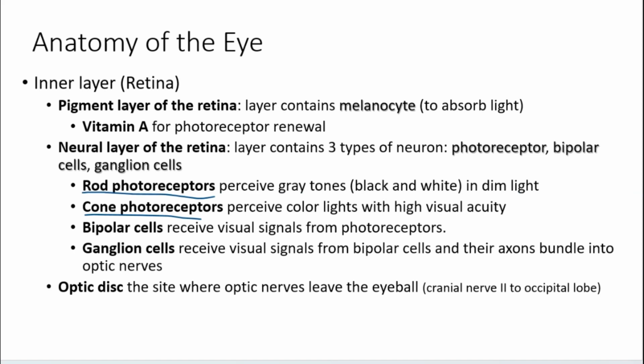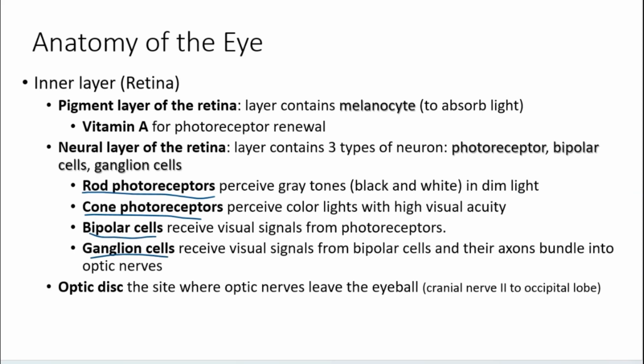The thing about visual processing is that the photoreceptors are kind of hiding all the way at the back of the eyeball. So the light has to go through other cells in order to get to the photoreceptor first, and then the photoreceptor passes it backward toward other cells, the bipolar cell, and then to the ganglion cell.